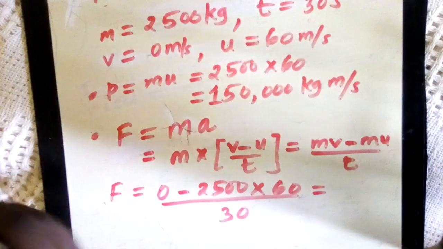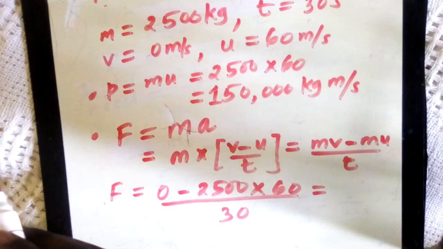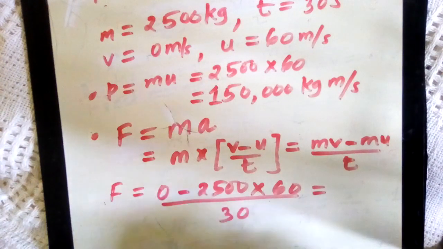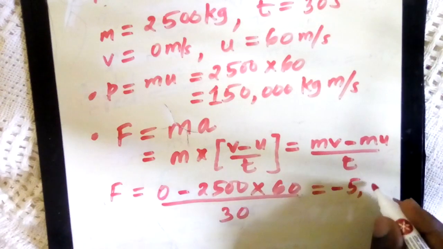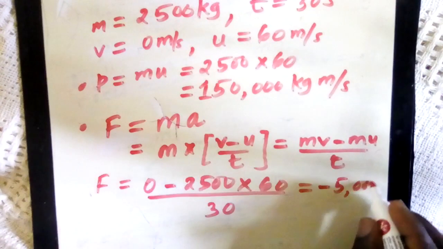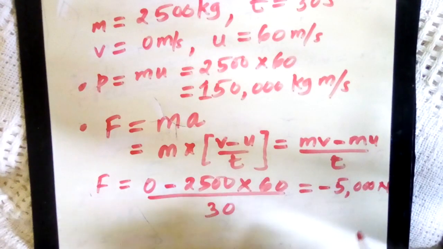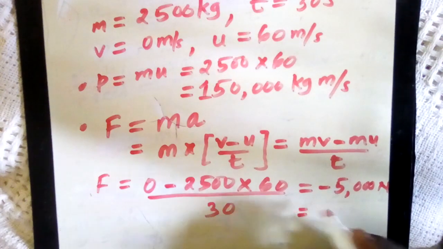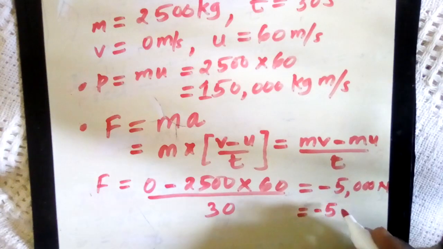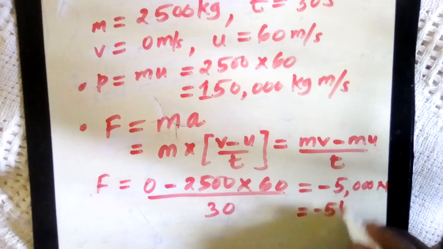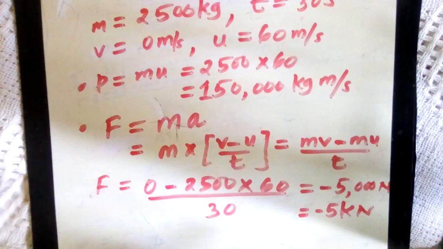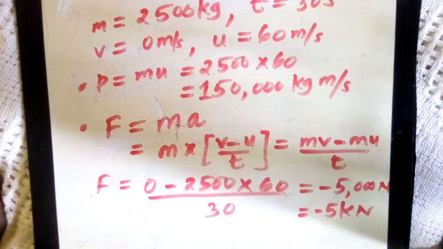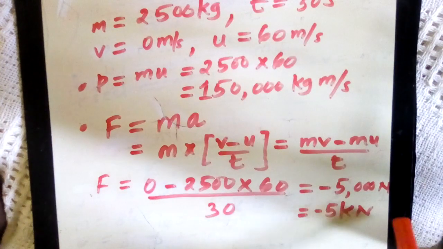So by calculating these values, we end up with the force being negative 5,000 newtons, or you can say it is negative 5 kilonewtons. Why is it negative? This force is negative because it is actually opposing the motion.